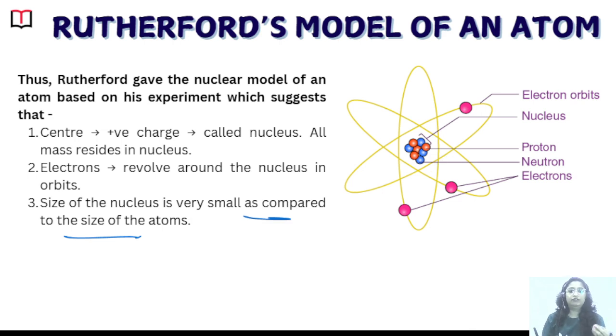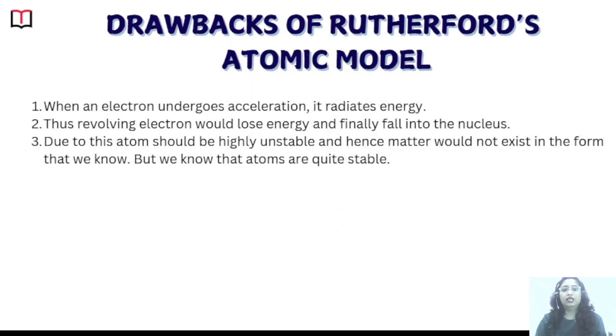Similarly, it should have done for the electrons also, it would have lost energy and finally fallen into the nucleus. And you know that if electrons are falling into the nucleus, the atom is going to be very unstable, right? And if the atoms are unstable, no matter would have existed in nature. But this does not happen.